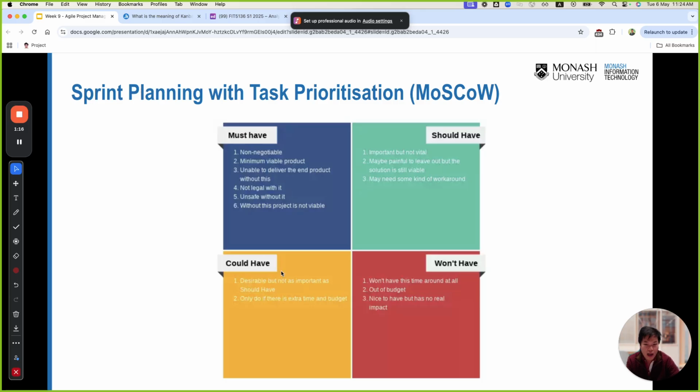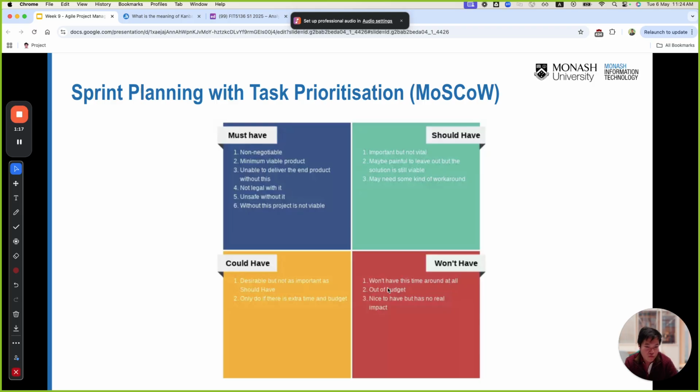Could have is desirable, but not as important as should have. Only do it if there is extra time and budget. Let's say the login, you can implement a login with Google authentication. Yes, we could have it, but do we really need it? Is it a must? We don't know, so that's something you need to discuss with the customer.